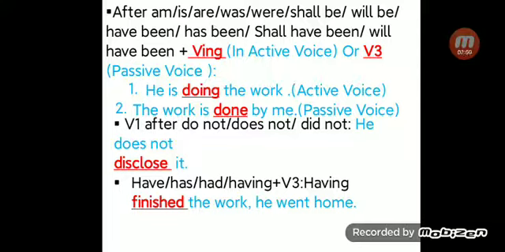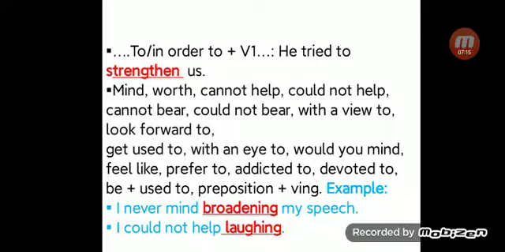Have, oblique has, oblique had, oblique having plus verb 3. Here's an example: having finished the work, he went home. To, oblique in order to plus verb 1. Here's an example: he tried to strengthen us. Here, strengthen is the verb.